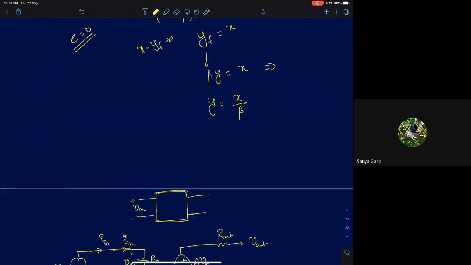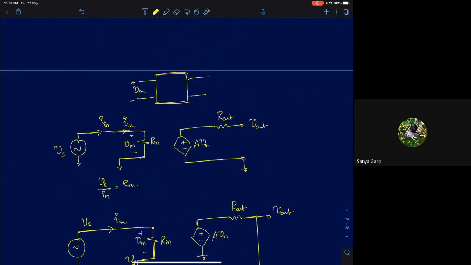So first, we will start with our analysis of a voltage input, voltage output amplifier. The input is voltage, output is also voltage. So it's a voltage input, voltage output amplifier. And here is an open loop model of this voltage amplifier. I've assumed that at the input port, R in is your open loop input resistance, and R out is the open loop output resistance.